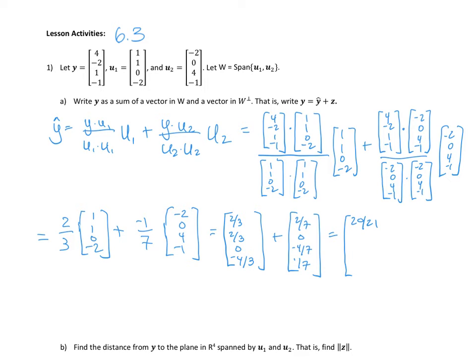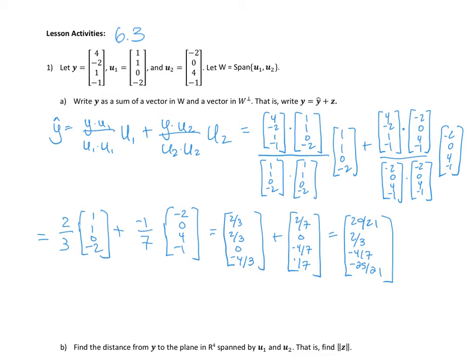I just cheated and did that on my calculator. 2/3 plus 0 is 2/3. 0 plus negative 4/7 is negative 4/7. And then negative 4/3 plus 1/7 is negative 25 over 21. Okay, so that's my y hat.